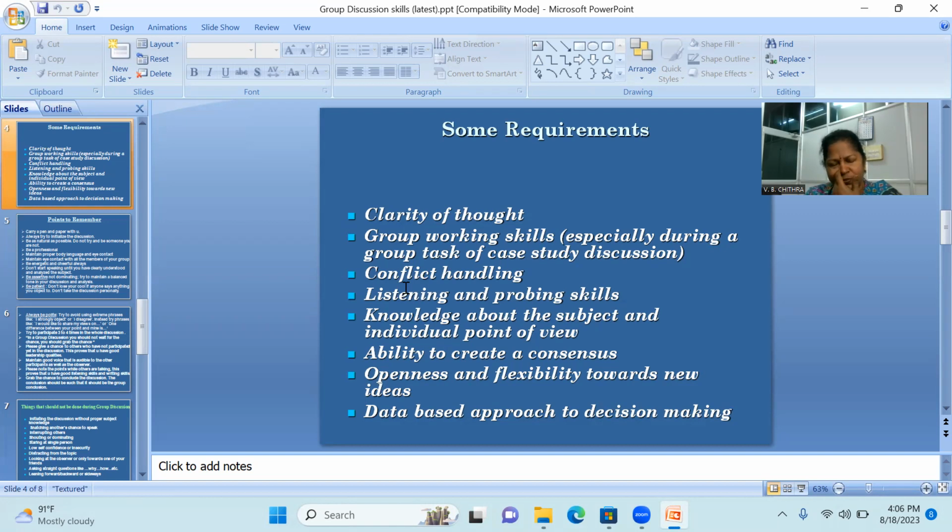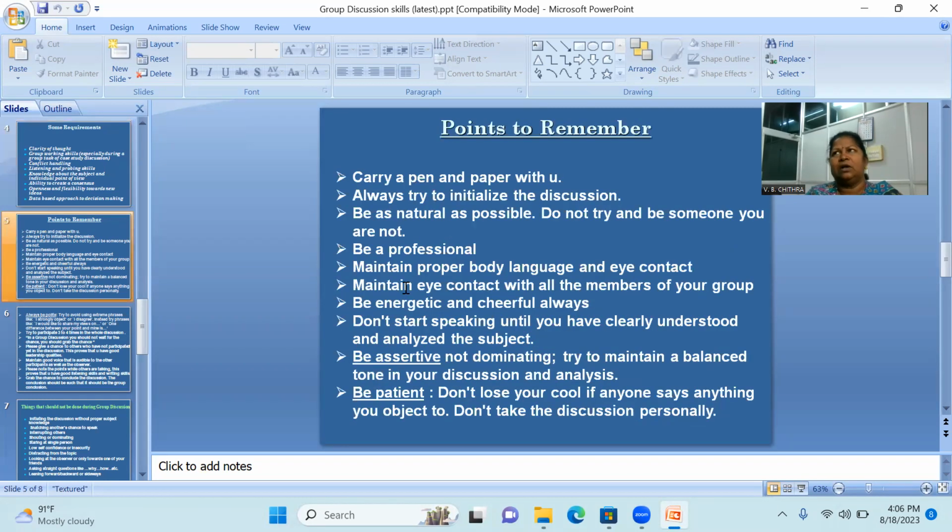And some candidates should have a data-based approach to decision making. If you want to take right decisions, definitely the candidates must have that skill. You need to remember certain points whenever you are going for any group discussion task.